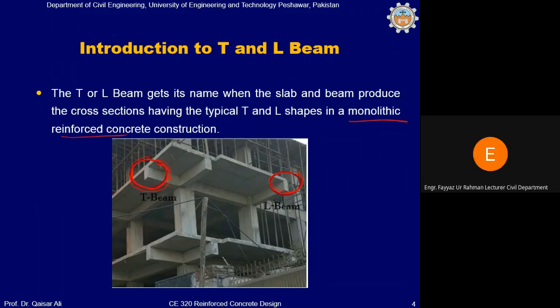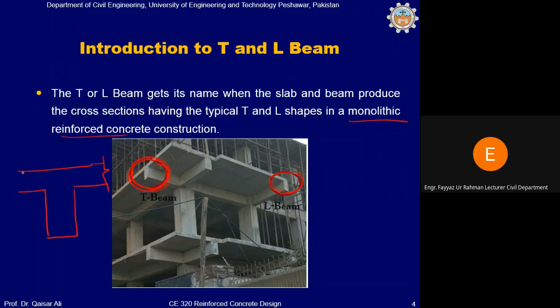So there is a misconception usually that the connection is considered as monolithic when the concrete of beam and slab is poured simultaneously. But this is wrong. The connection, for example, if we draw the section of this T beam, it will look like this.